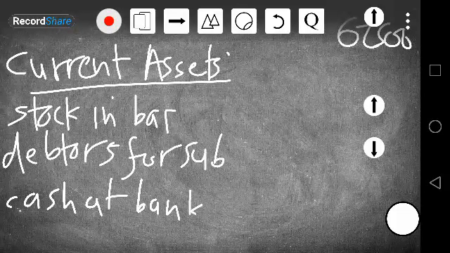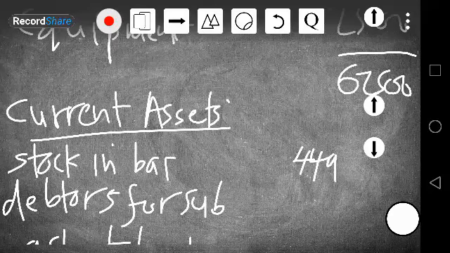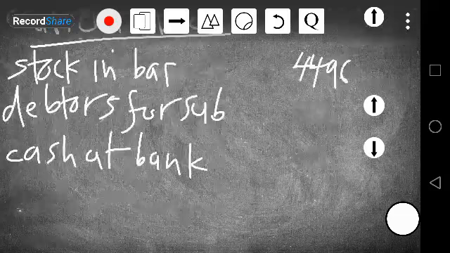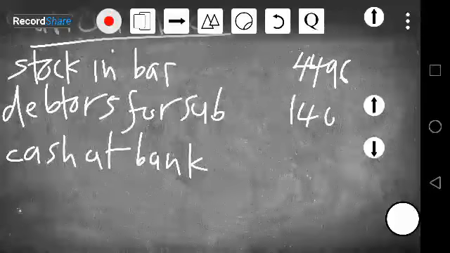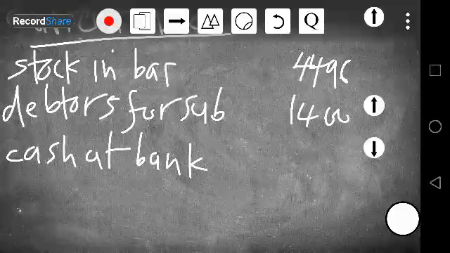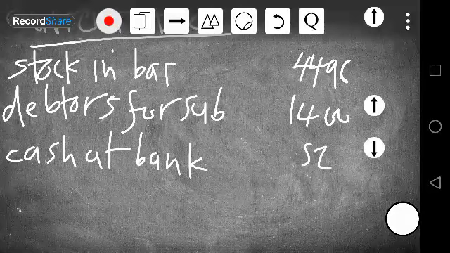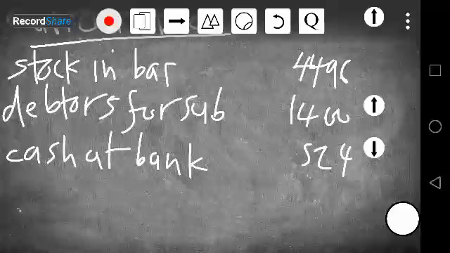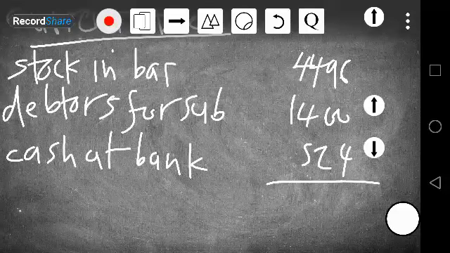So for stock in bar it was 4,496. Then for debtors for subscriptions we have 1,400, and for cash at bank we have 524. If we add all this we get 6,420.